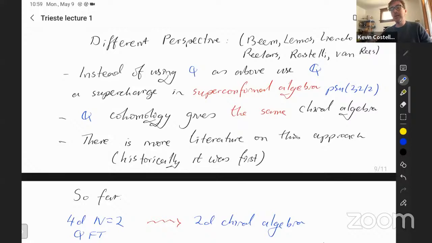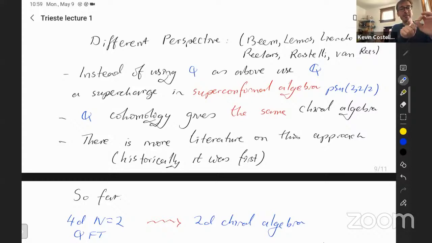Now, what they find is that things in the superconformal algebra include rotations. So in their story, rotations in one of the planes will be exact.